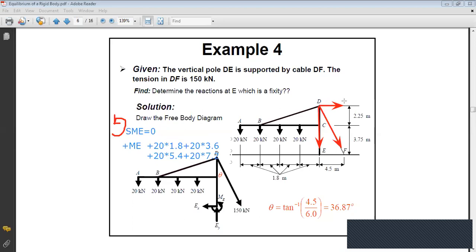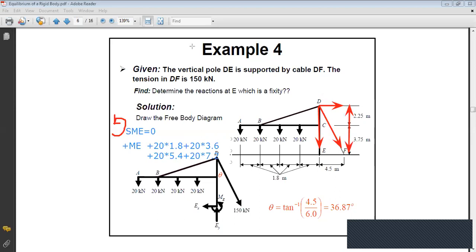While the X component will produce, as you can see here, if you take the right hand rule or if you do it with your pen like this, it is rotating in the clockwise direction about E, so it's a negative moment. And I will multiply by the perpendicular distance from E to the line of action of the force, which is 2.25 plus 3.75.